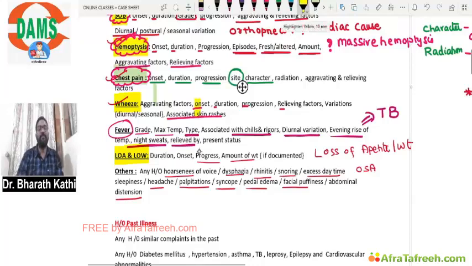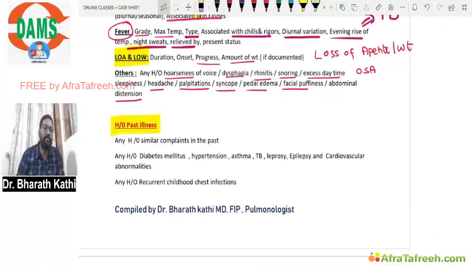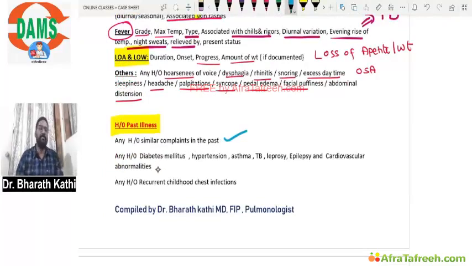Now once the history of presenting illness is done, next you should know the history of past illness. So what all past illness is very relevant. Has the patient had any similar complaints in the past, such as shortness of breath or cough?